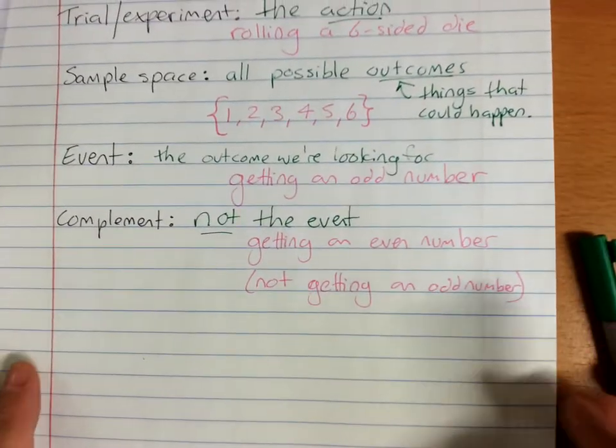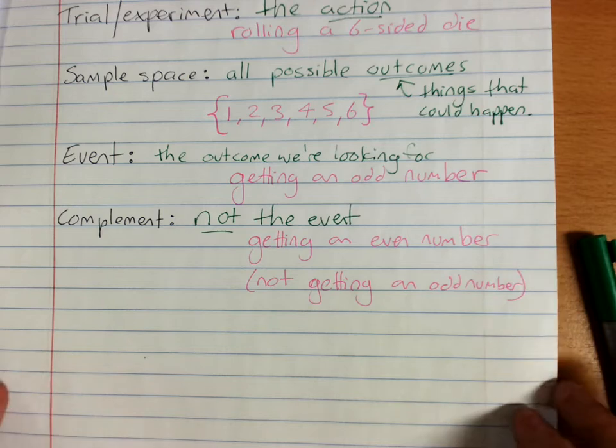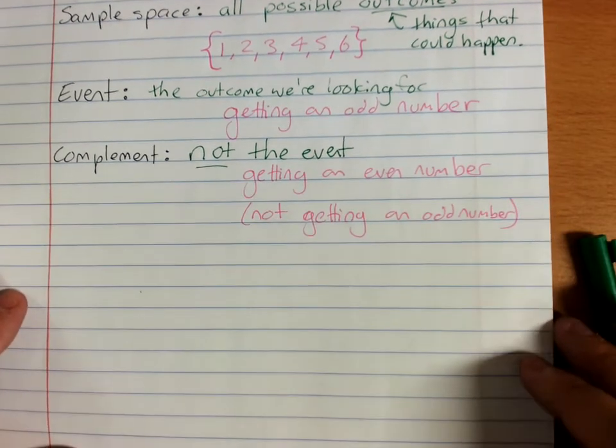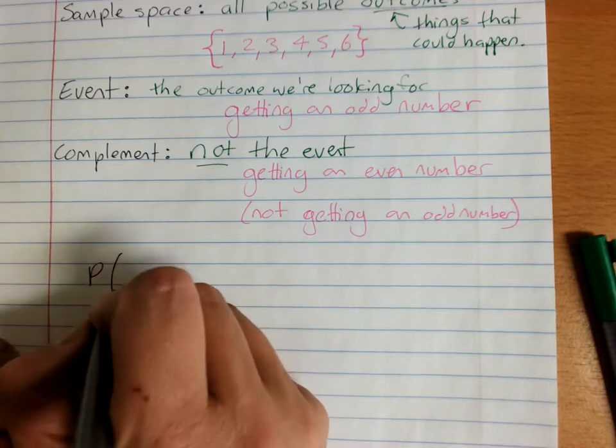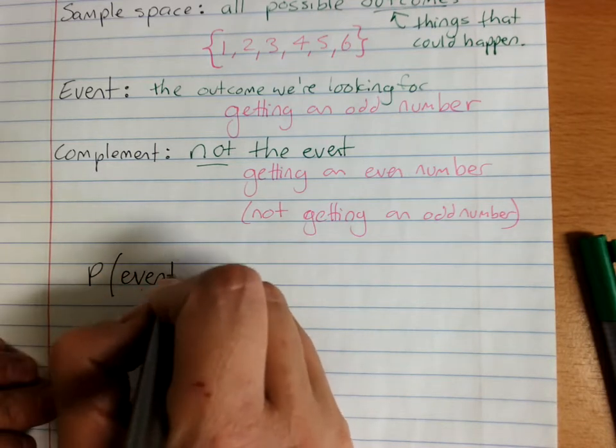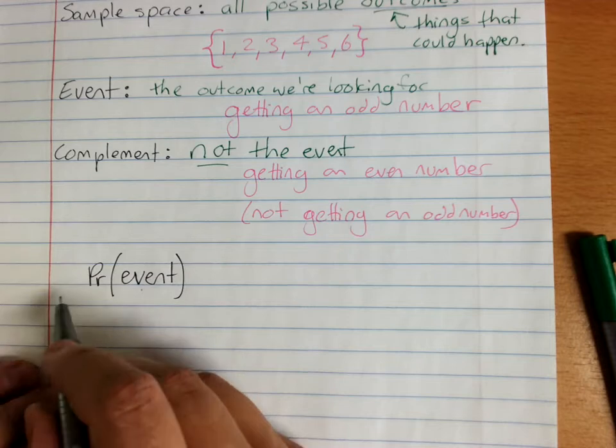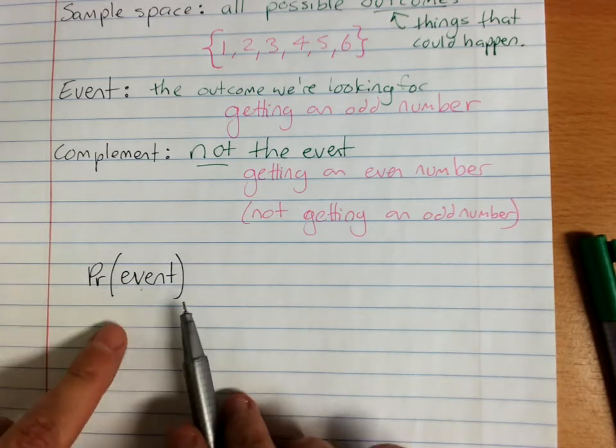So that's all the terminology we need, but we do of course need to be able to find probability. The probability of an event: P says probability.